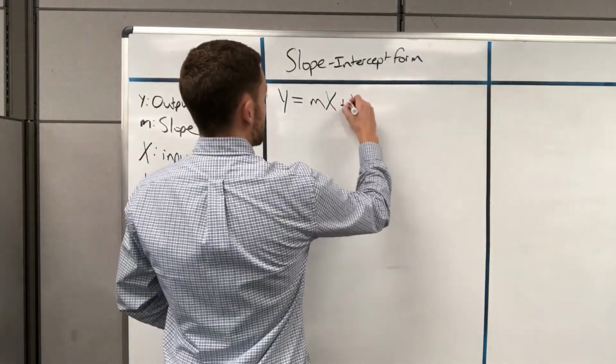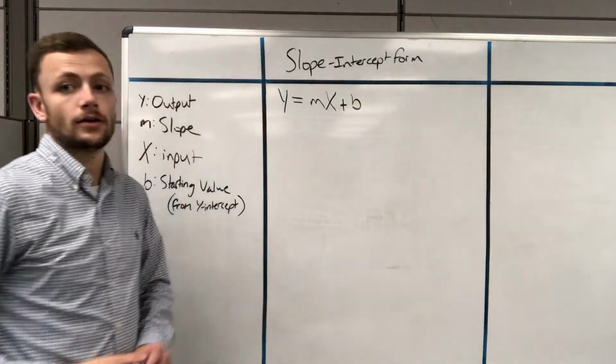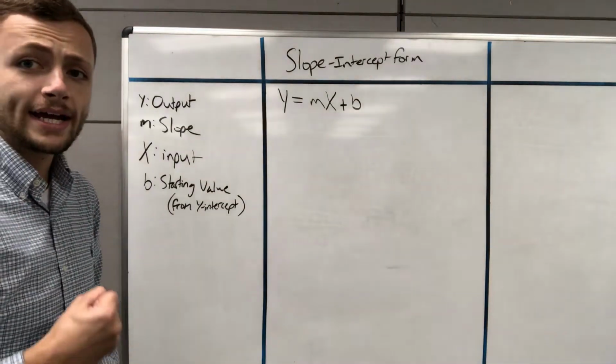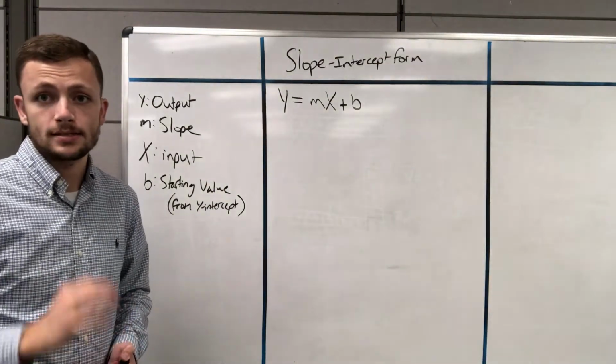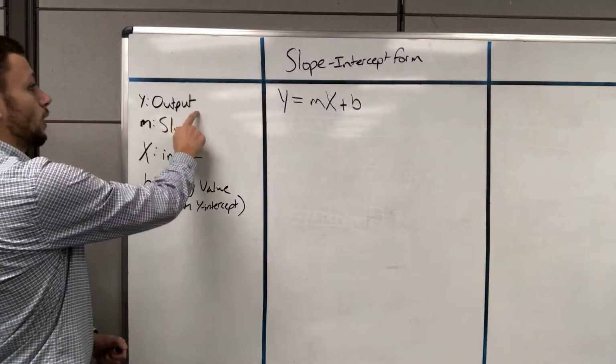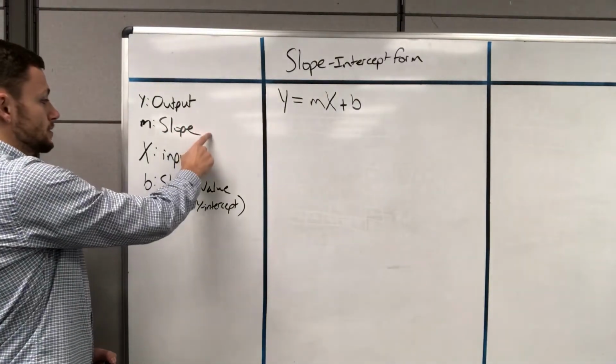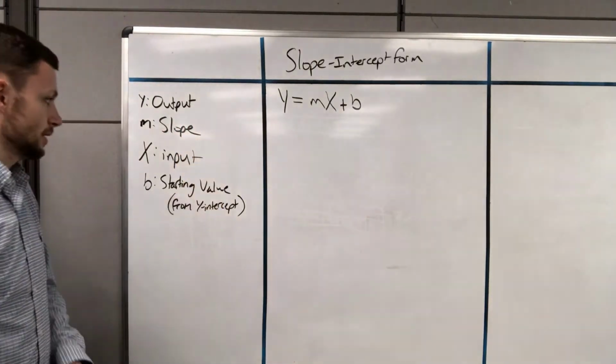So, slope-intercept form, the equation, here's the big thing to write down. It's y equals m times x plus b. And again, y is your output, m is your slope, x is your input, and b is your starting value.